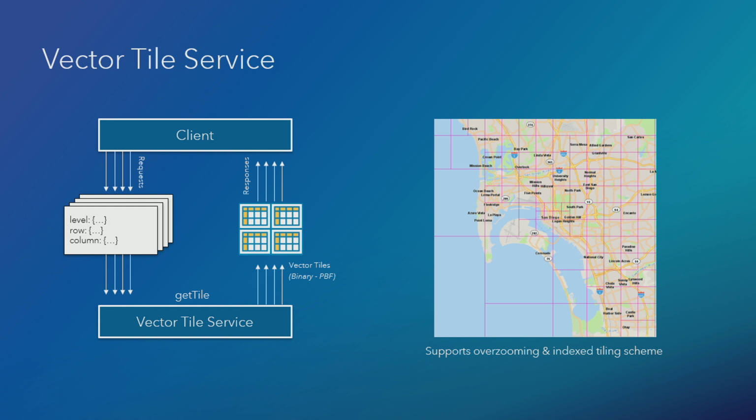We have the vector data, so we can over zoom and use that same vector data to render a good looking map. And for that reason, when we create the vector tile packages, we do it in a smart way. We create this index. So where there's not a lot of data, we don't actually create tiles. So that's another reason why it's more efficient.